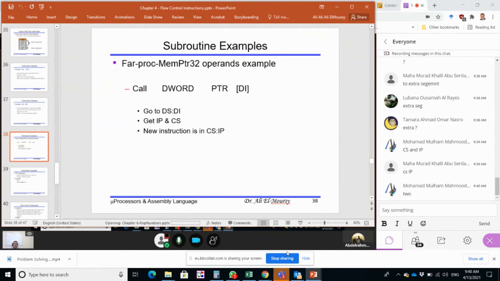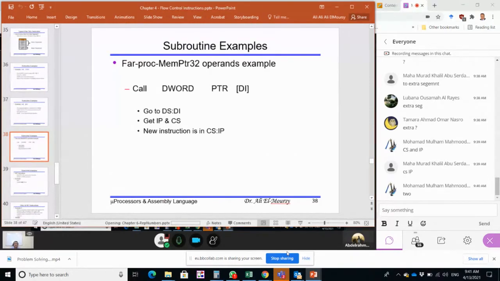As you can see here, I am accessing the memory, the data segment, to get the address. So I am using the DI register to identify an offset in the data segment. I am using DS:DI to get the address of the far jump.